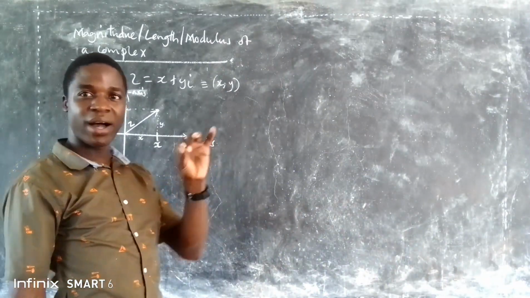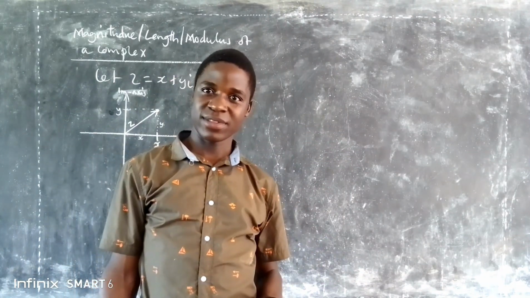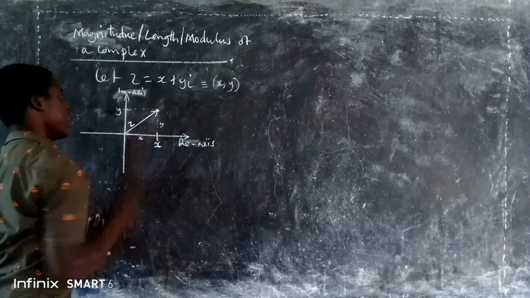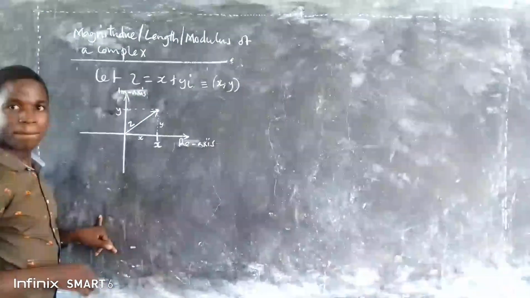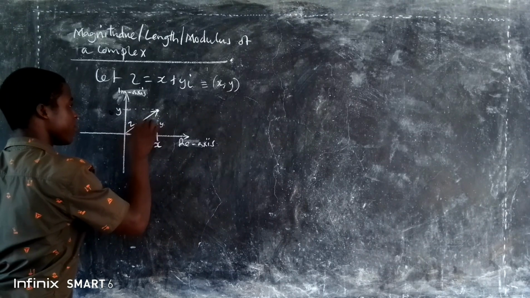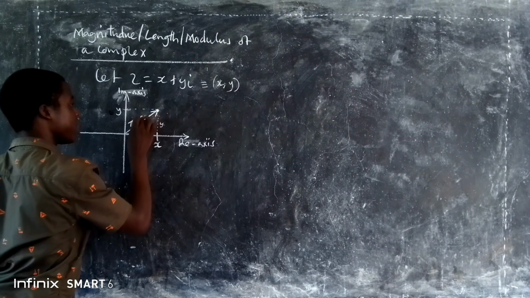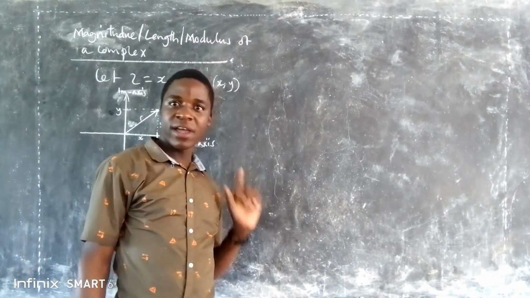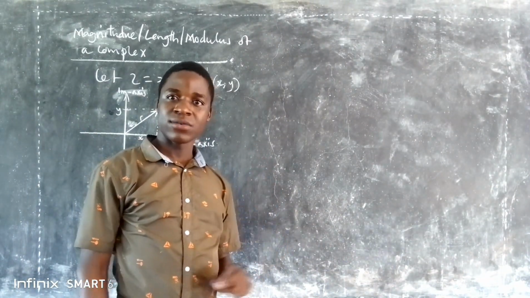How do you denote the magnitude of something? To denote magnitude, if this one is Z, let us call this length from here up to here R.